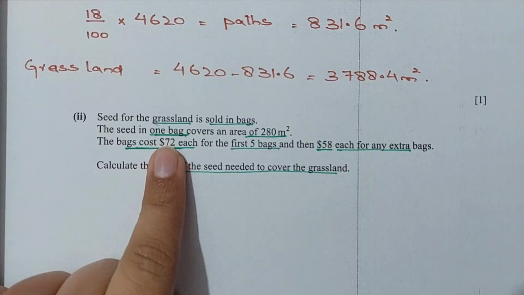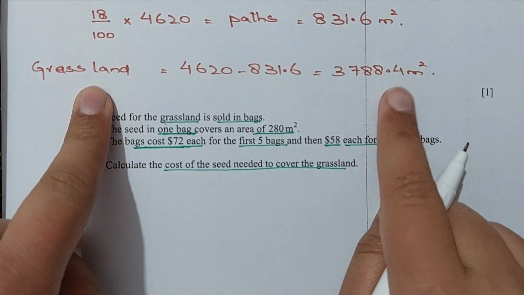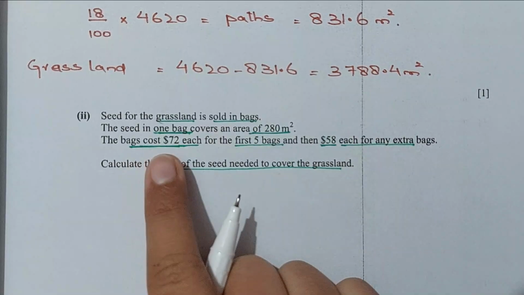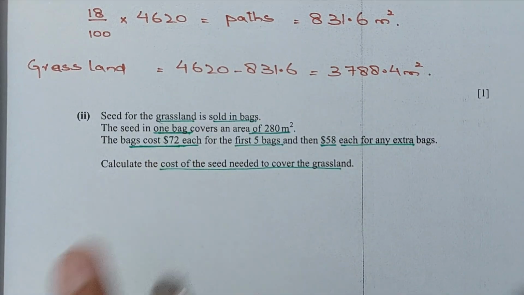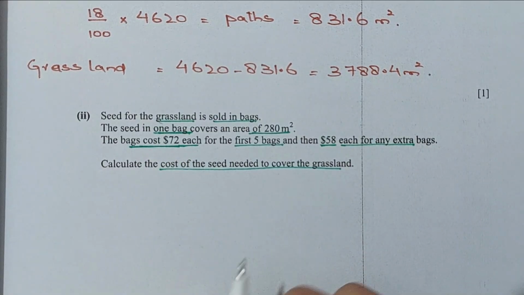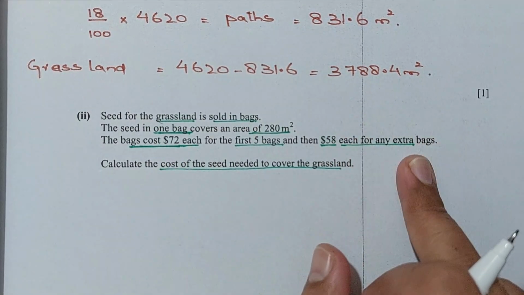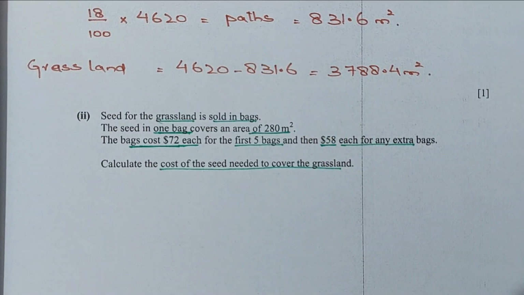Okay, so one bag covers this much area, and the area of the grassland is this, right? The cost of one bag is $72. The first 5 bags cost the same. The first bag, second bag, third bag, fourth bag, fifth bag, and the bags onward, the sixth, seventh, eighth onward bags are $58.